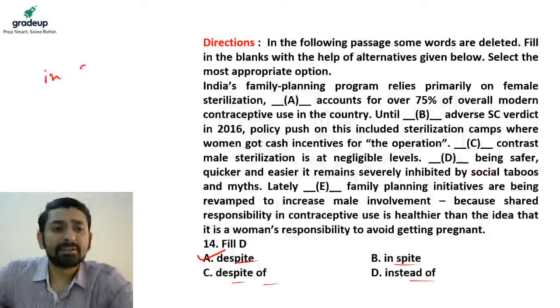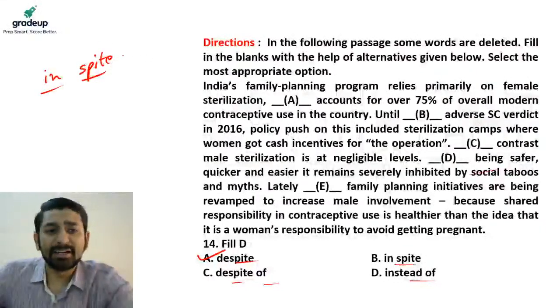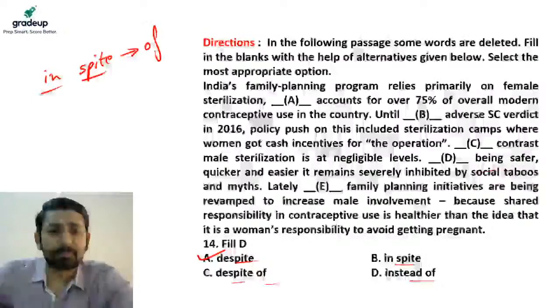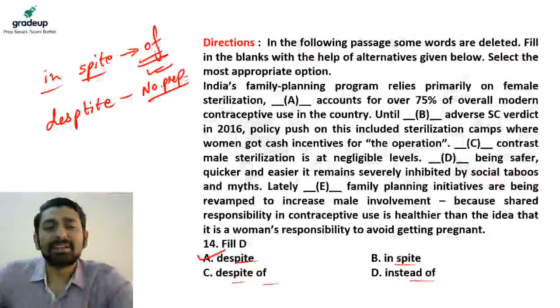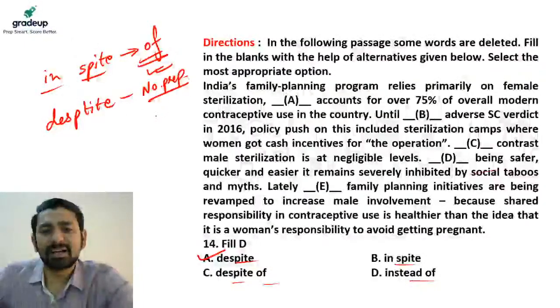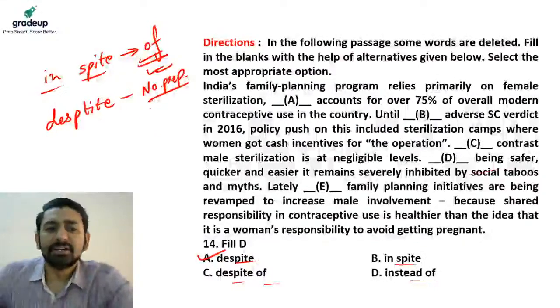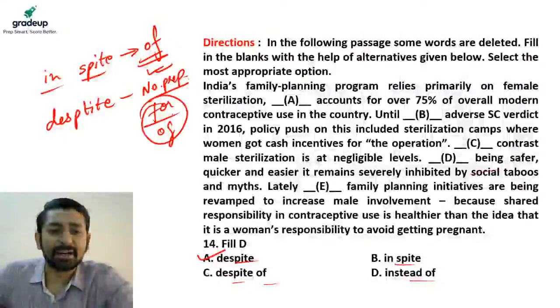Always remember, whenever you write in spite, you always use the preposition of with it. But whenever you say despite, you don't use any preposition. No preposition. Many a time in error correction or fill in the blanks questions, you generally have for or of written after despite.